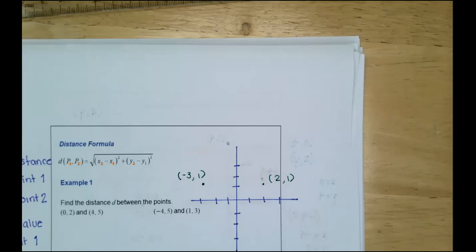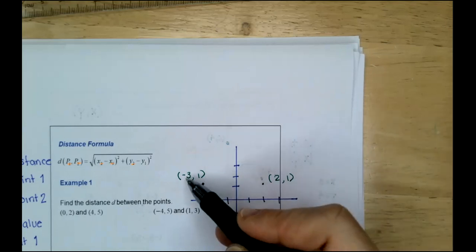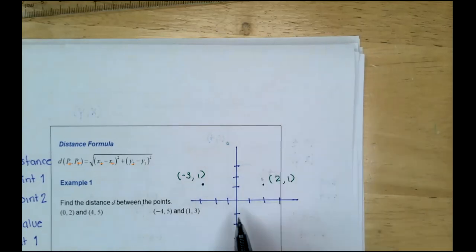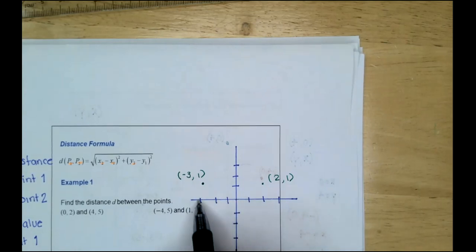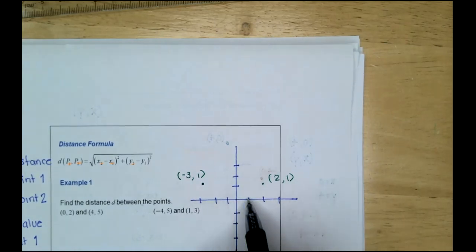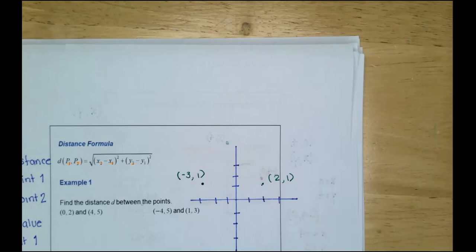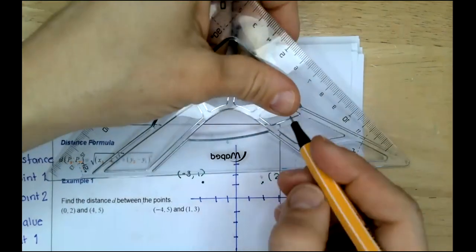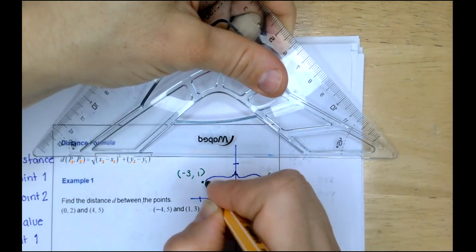Okay, for example, here are 2 points. Here's a coordinate plane. Here's the point -3, 1 and 2, 1. It's -3 because from the origin I went -3 on the x and I went up 1 on the y. I went +2 on the x, up 1 on the y. These are in a straight line, right? If they're in a straight line, I can just count.